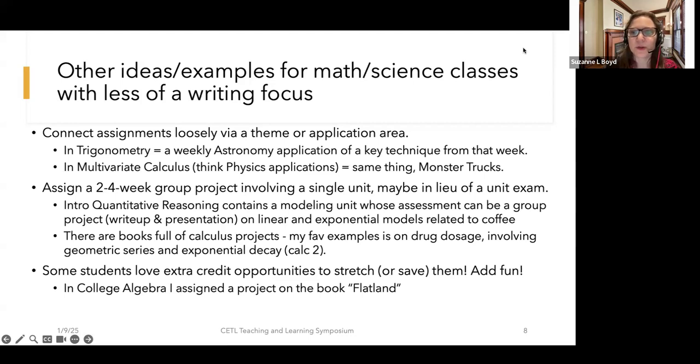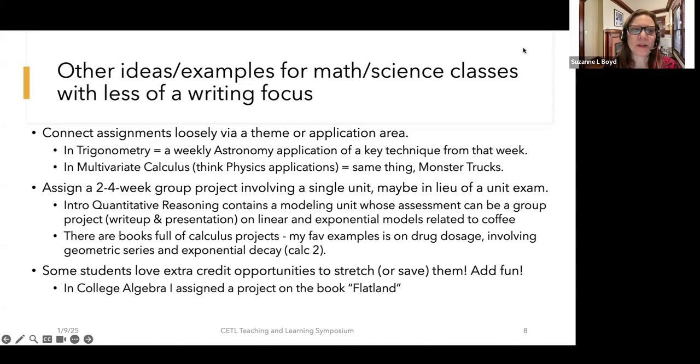It's on linear and exponential models related to coffee consumption. I taught intro quantitative reasoning fall 2020 online, synchronous, and the students did their projects and presentations for the other students, even online. So that was actually a lot of fun.